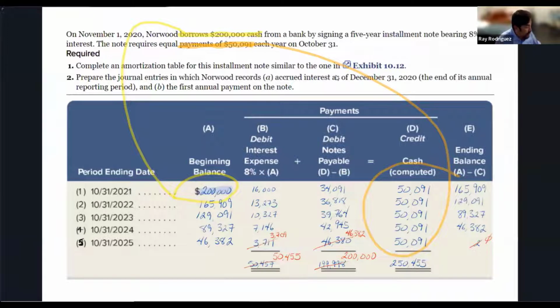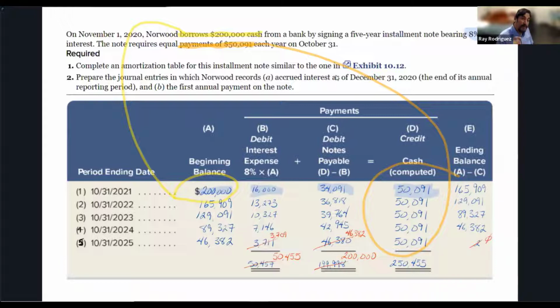The second column multiplies that by our interest rate, 8%. The third column is the difference between our given payment and what we just calculated as our interest.